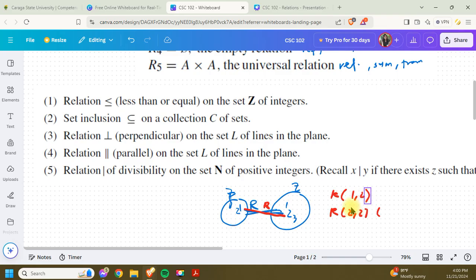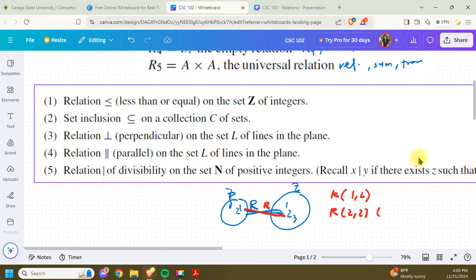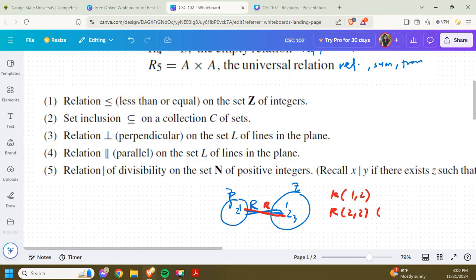So if we look at this clearly, the first element of this relation is always less than or equal to the next one. We will check reflexive first because that's the easiest. Reflexive is just the existence of an element with itself.